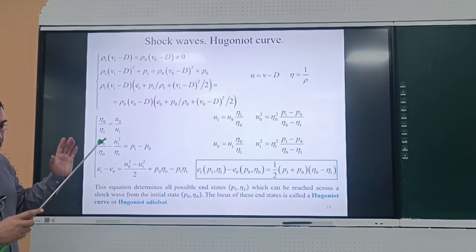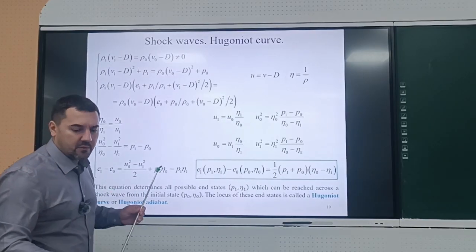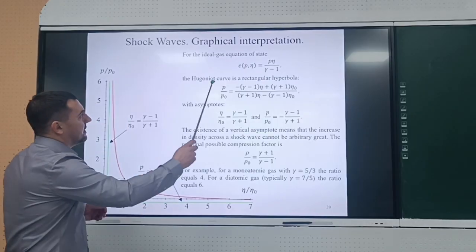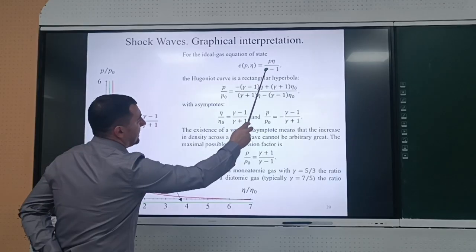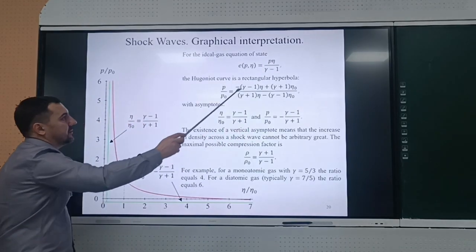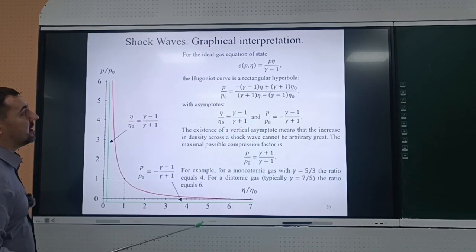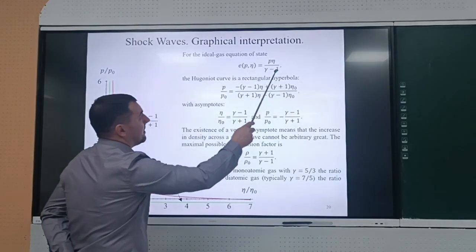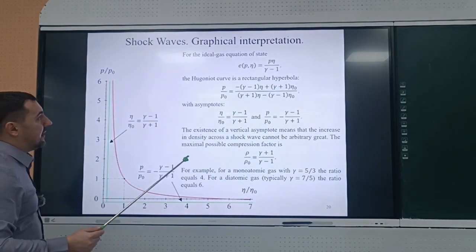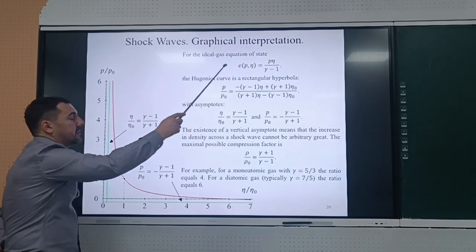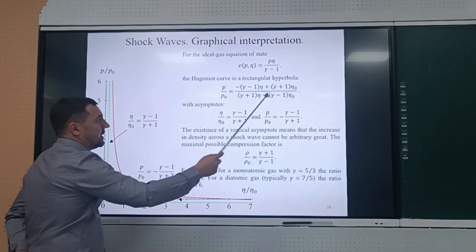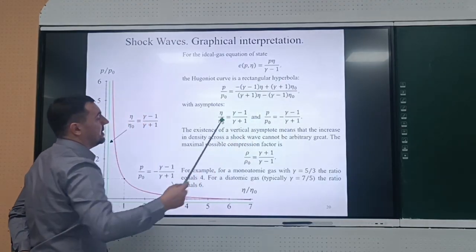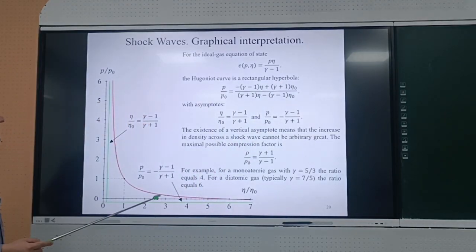But we're interested in gases, right? So that is why let's specify that E of P and eta is P eta over gamma minus 1. So it's the ideal gas equation of state, right? P over rho over gamma minus 1. If we apply this ideal gas equation of state, we will get the explicit relationship between P and eta.